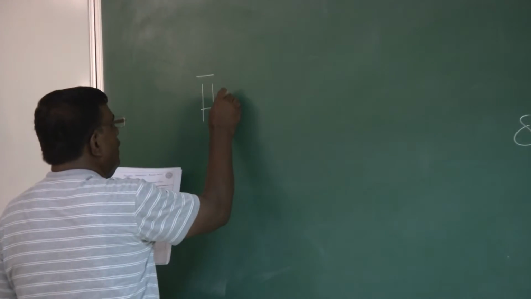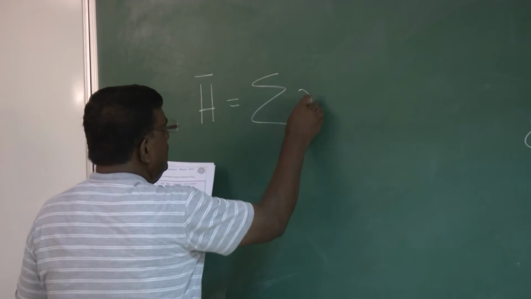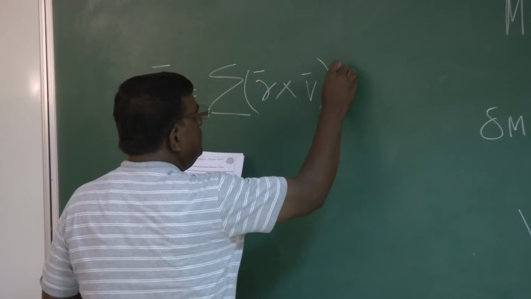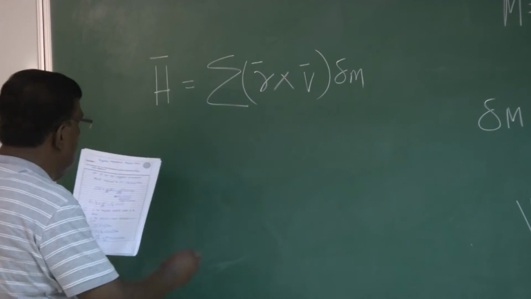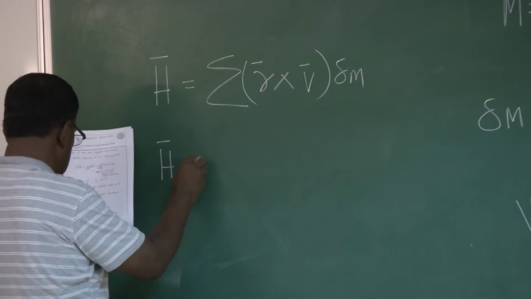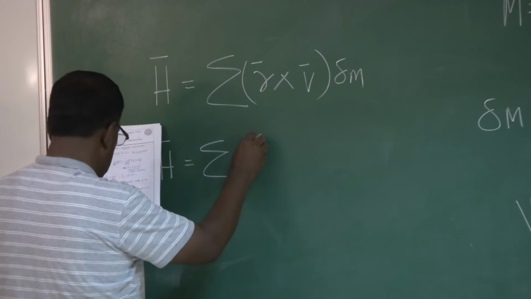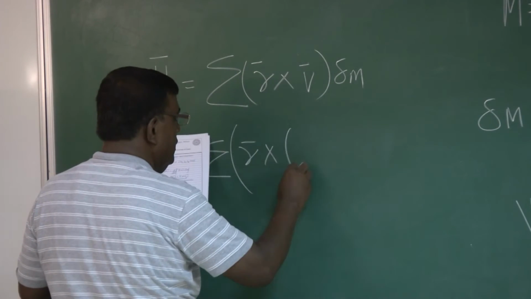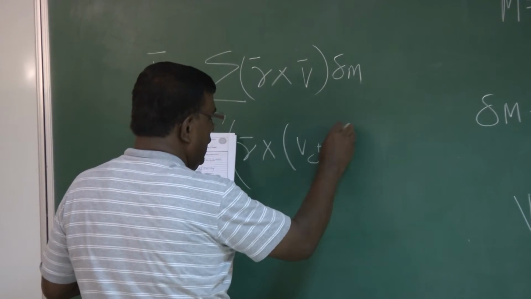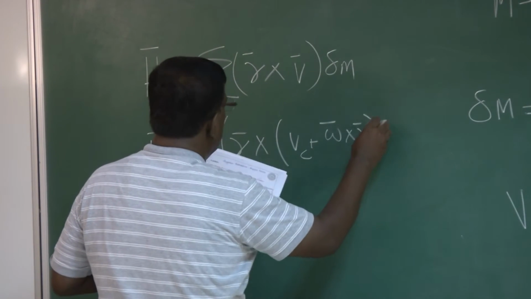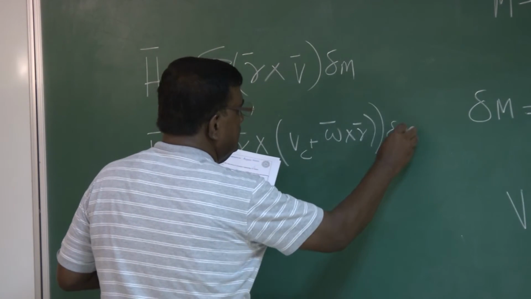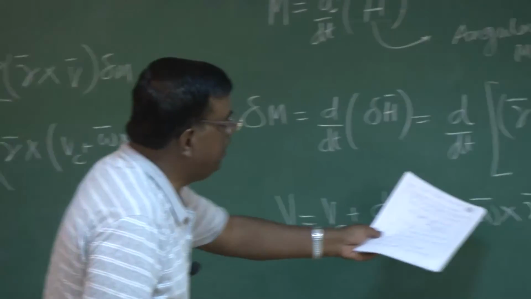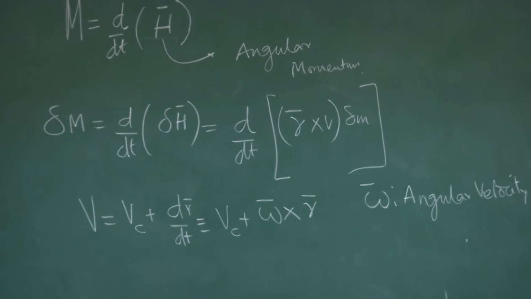So H, angular momentum, I can write as summation of R cross V dm, which again I can write as H is equal to summation of R cross, for V I will write Vc plus omega cross R, then dm. Nothing great I have done. V I have replaced by Vc plus omega cross R. And this again I will expand.